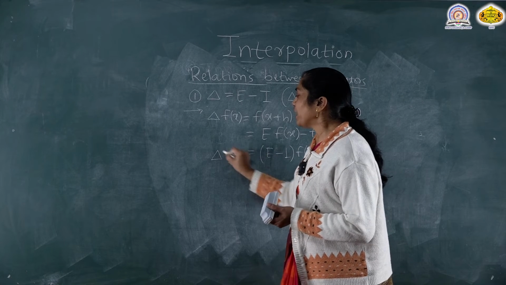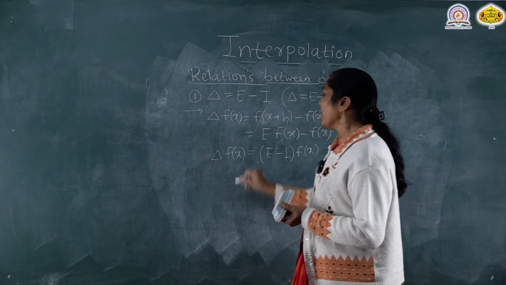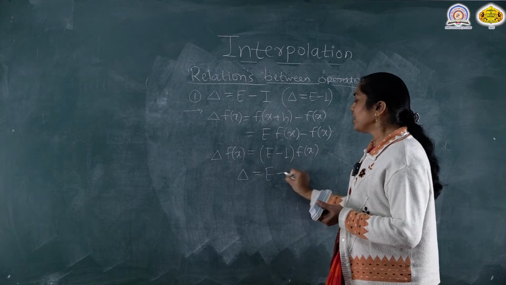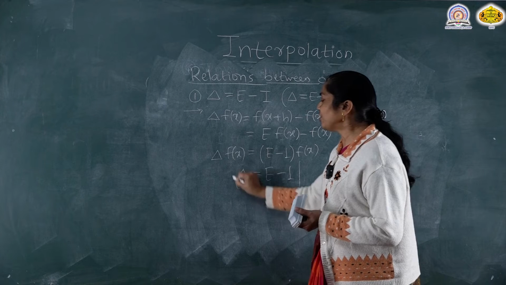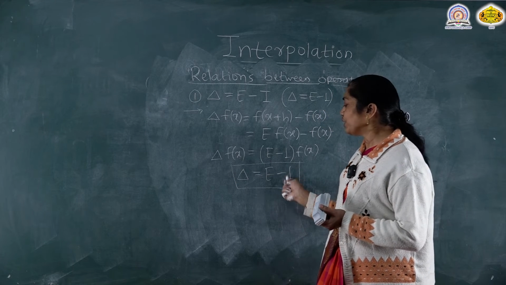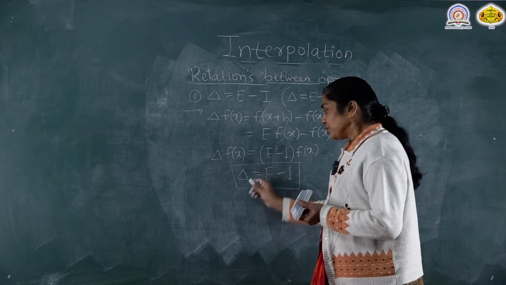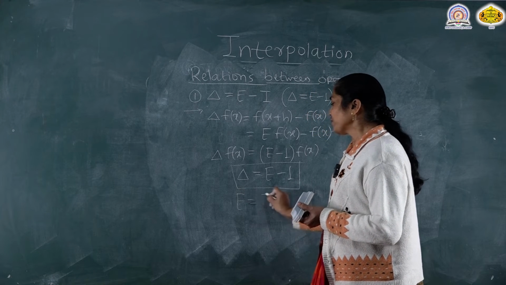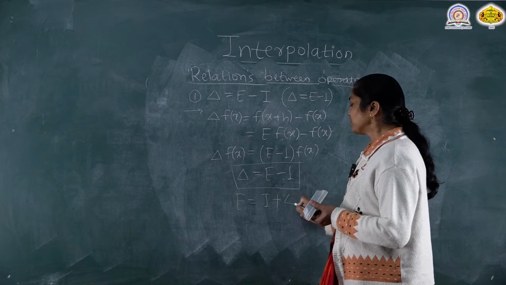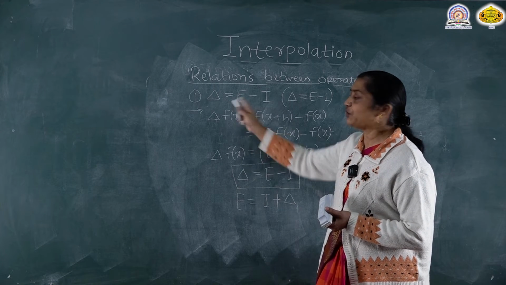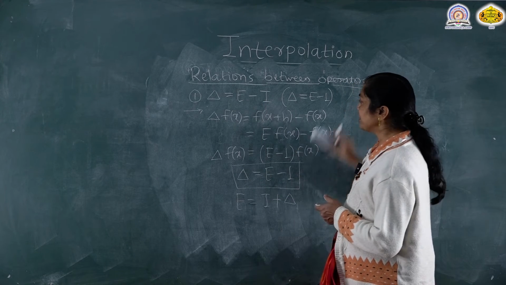And therefore we have delta f(x) = (E - 1) f(x), that is delta = E - 1. So this is the first standard relation. This relation can be rewritten as E = I + delta or 1 + delta. So we can write down the relation between delta and E in this manner.